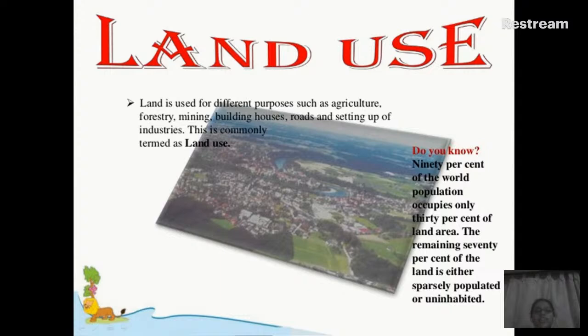The use of land is also determined by physical factors, some of them being topography, soil, climate, minerals, and availability of water. Human factors such as population and technology are also important determinants of land use pattern. Okay, next I'll move on.